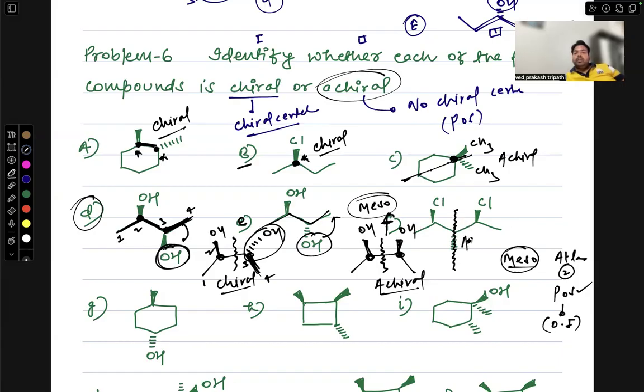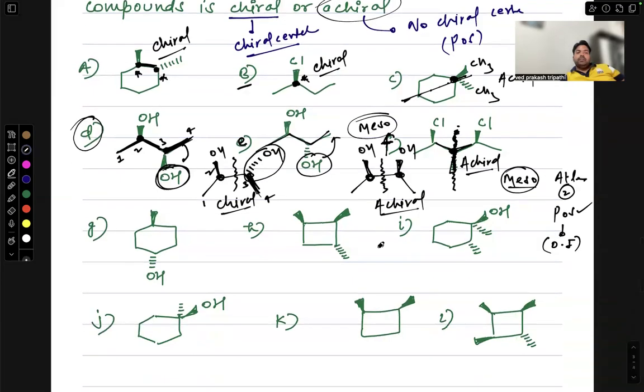So plane of symmetry means achiral. Yeah, means you can cut from here. And do not check the wedge and dash of this axis. If this is wedge or dash, it doesn't matter because we are going to cut this axis. So always compare the left, right, up and down part of this axis. Do not check the atom which is connected to this axis.